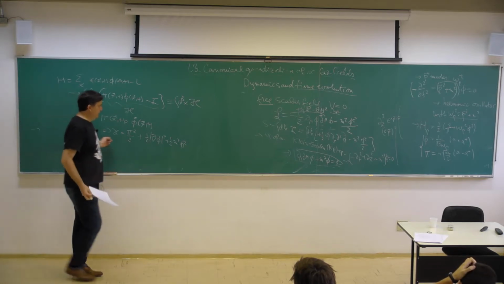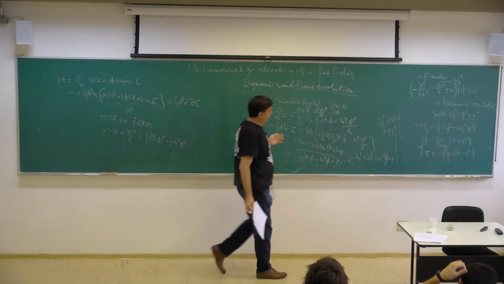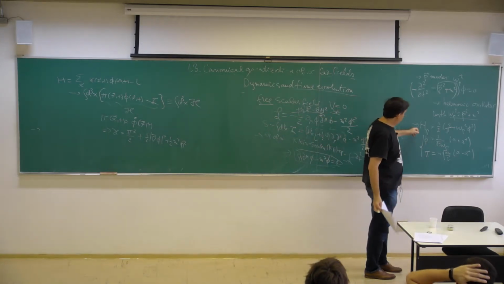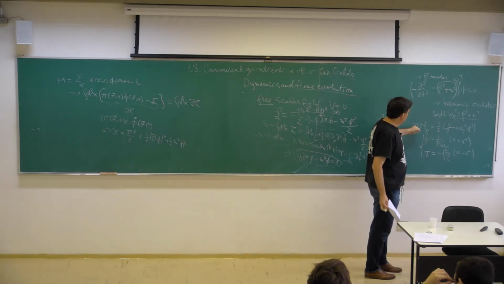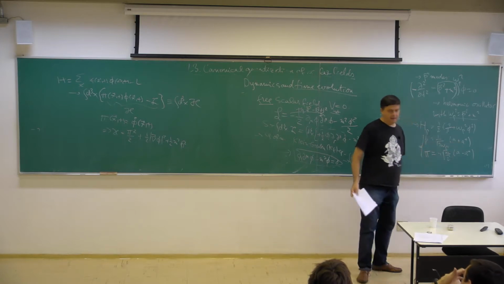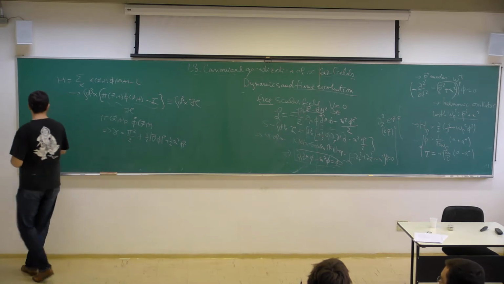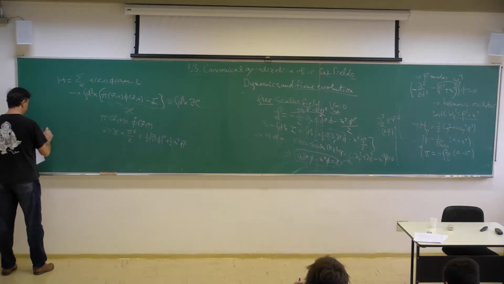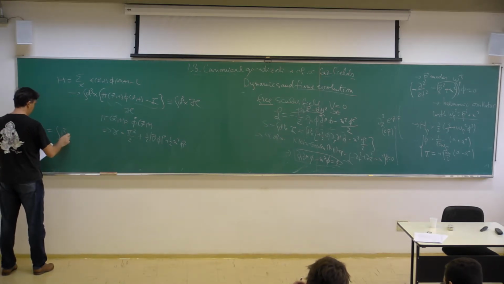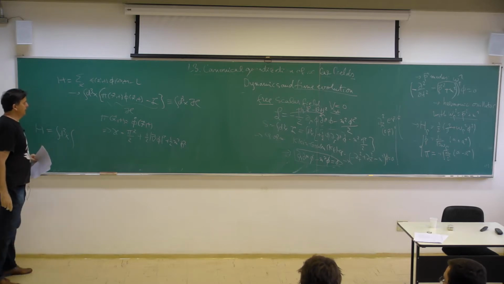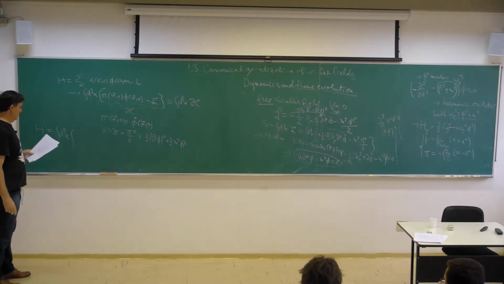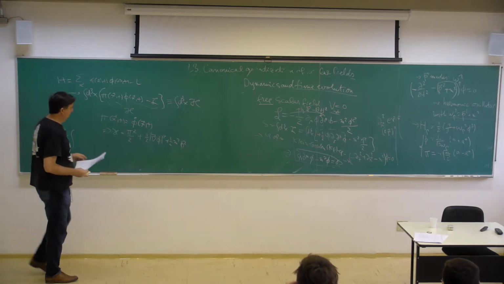But we're interested in writing H as a function of these a's and a daggers, right? So let's write the total Hamiltonian as an integral. And now I will write each term in here.